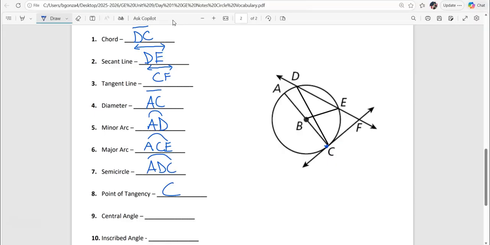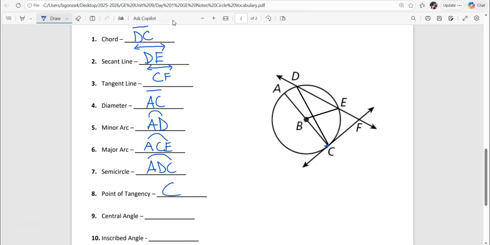Now, central angle. An angle in the center, like the name implies. Central angle, angle in the center. I need 3 letters that when you connect it, it makes an angle in the middle. EBC is 1. What's another one? ABC. ABE is also. So ABE, EBC. Technically, ABC is just a flat angle.